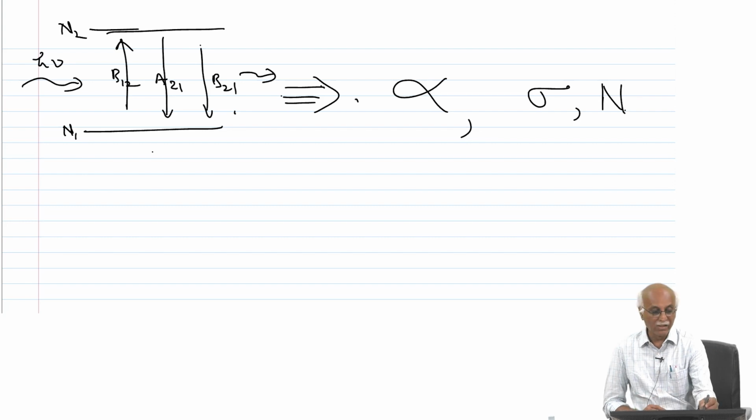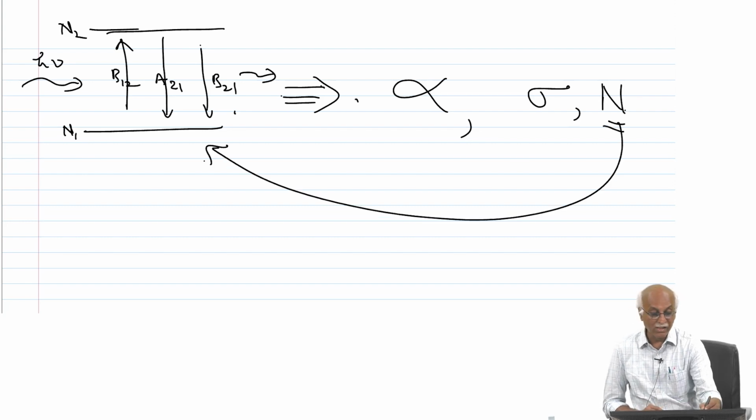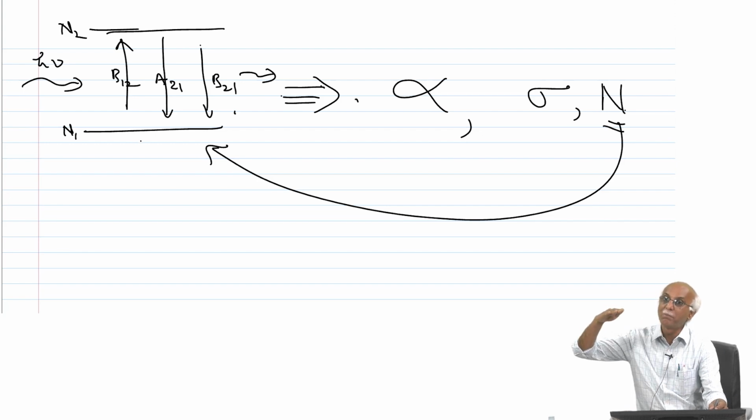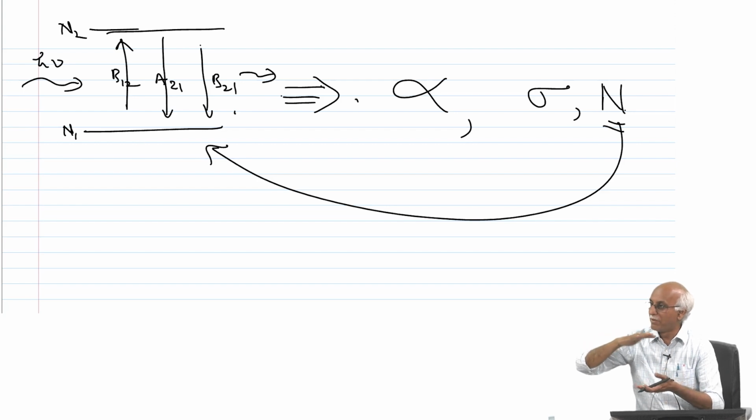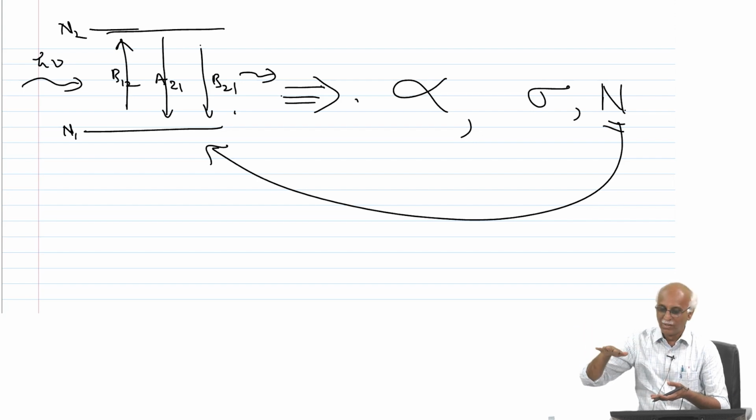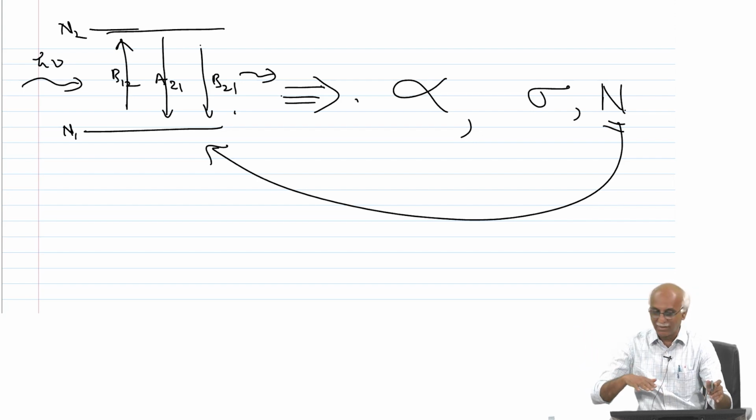Here n represents the ground level concentration, assuming the upper level population is very small. Generally, when we use Boltzmann thermal equilibrium, the upper level population is neglected, it is very small. So we can neglect it; the ground level is largely populated, much more populated.